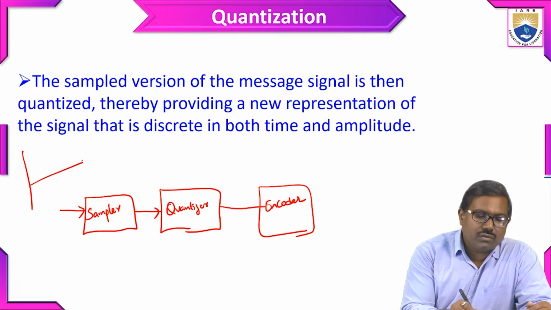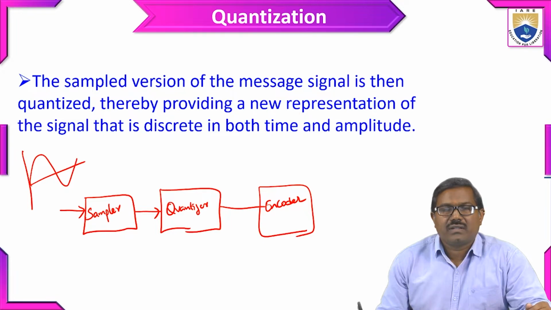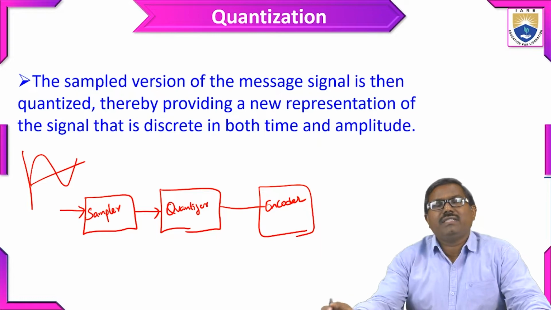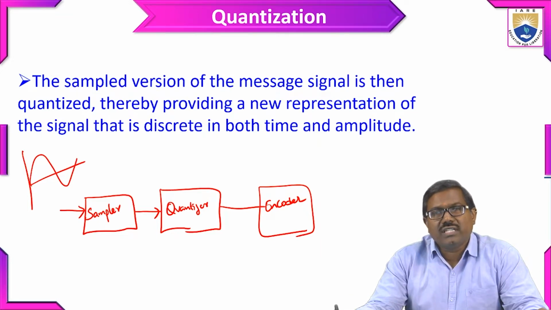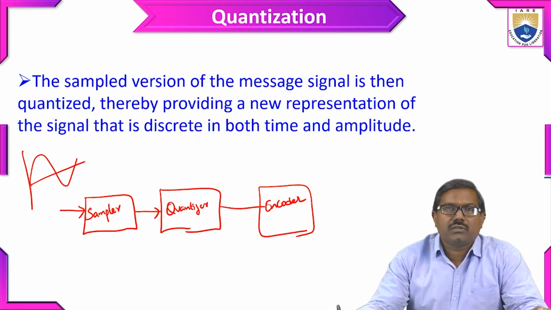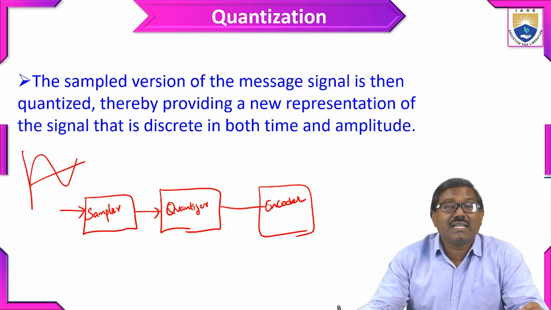An analog signal is nothing but a continuously varying signal. By applying this analog signal to the sampler, the signal is sampled according to the sampling theorem. Here I am going to discretize the time domain.